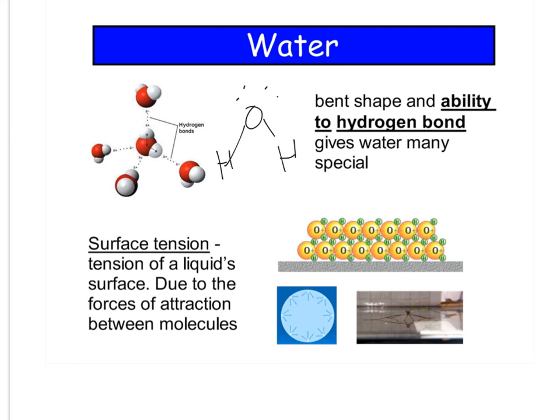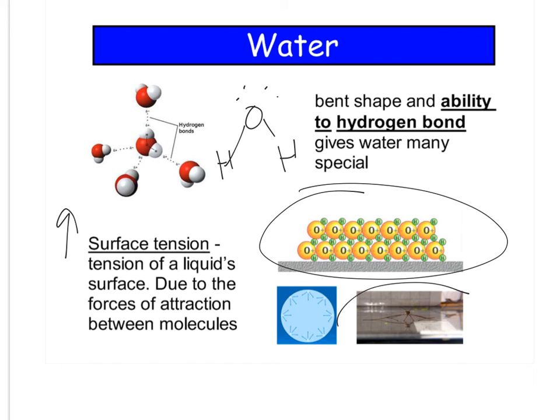It has a high surface tension. So if you look right here, when the molecules are stacked and you get these hydrogen bonds in between, it makes the surface of the water very strong. That's why it hurts really bad to belly flop into a pool, because you're breaking that surface tension. That's why these little spiders can skim across the water and not fall in.